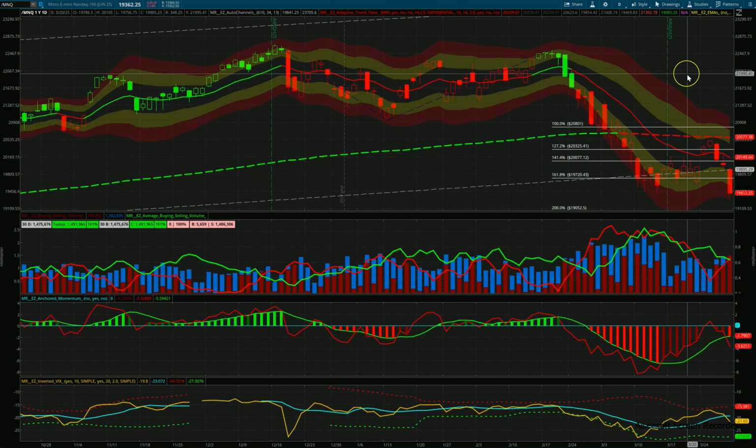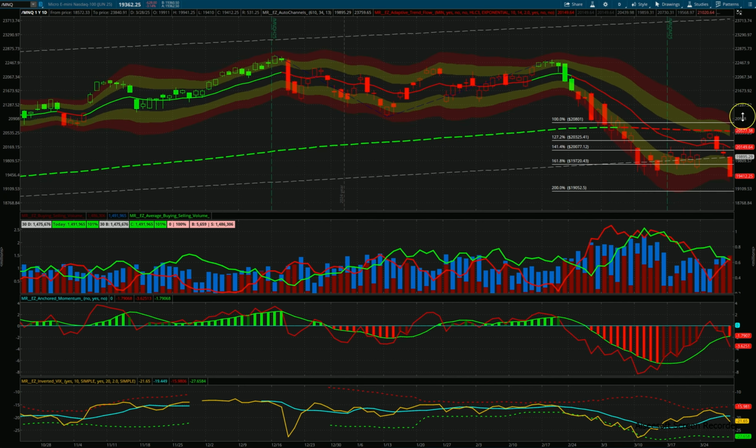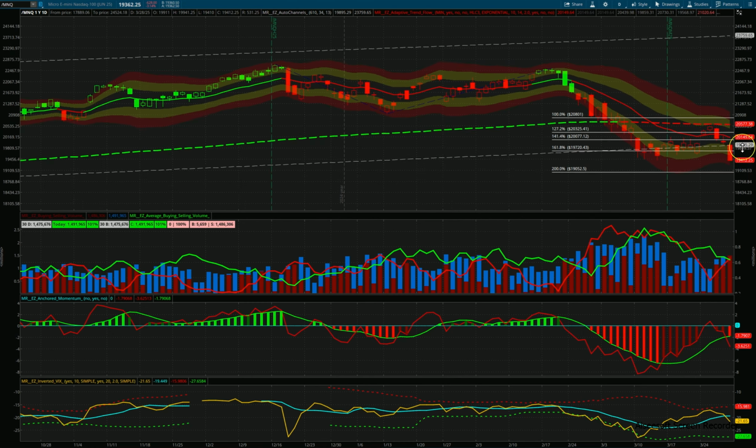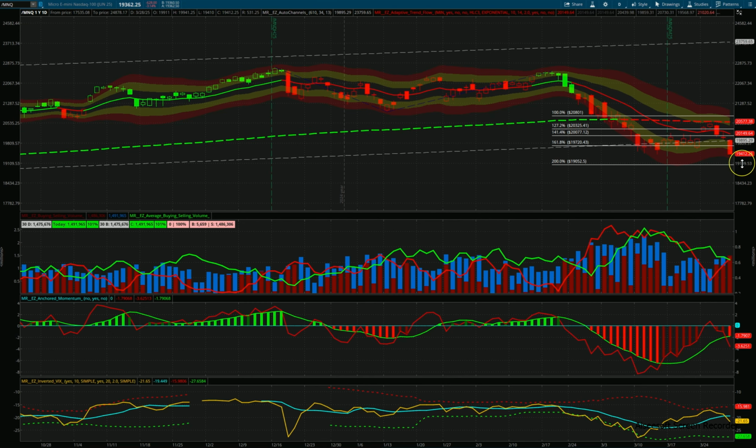And what are we going to get into? We'll get into Fibonacci's. Okay, we'll start out on the daily. And I'm going to squeeze things in a little bit here. Now the channel's telling us that it's basing here, and it's going to move to the upside. And we see how it got rejected.